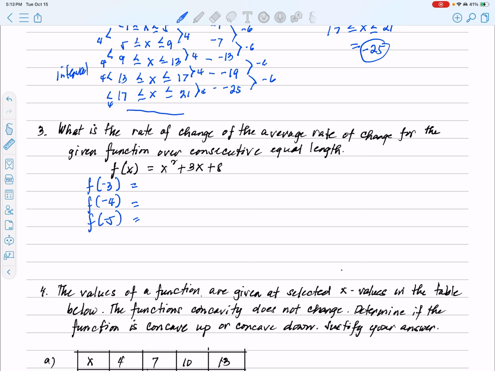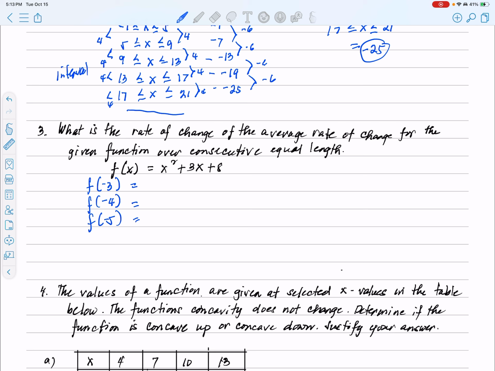You can assign any input values you like and check the average rate of change for the given consecutive equal length. So I'm using the length -3 to -4, that's 1. -4 to -5, that's 1.